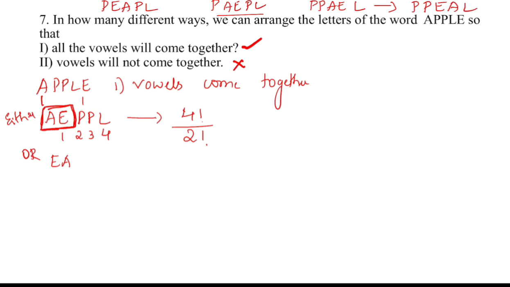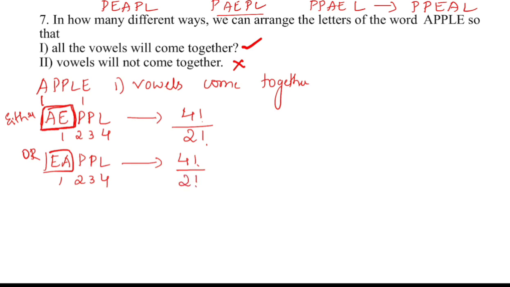It can be either AE or EA, and the remaining letters are what? P, P, L, and EA we will consider as one unit and the remaining as it is. Now this can be arranged as 4 factorial, and since P is repeating, divide it by 2 factorial.